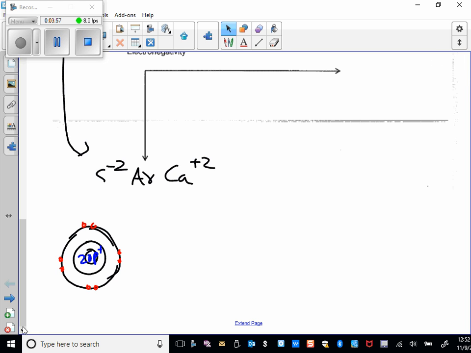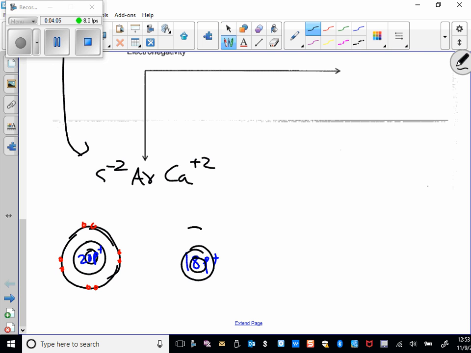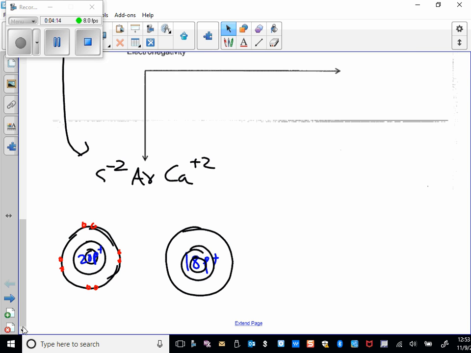Argon has 18 protons. And then argon is in period 3, so it will continue to have how many circles? 3 circles. But then we go on to sulfur, and sulfur has 16 protons.